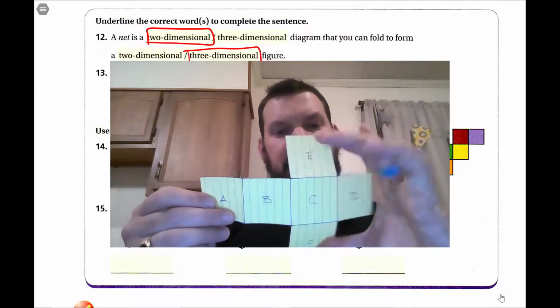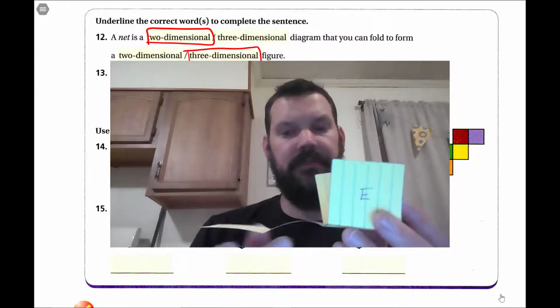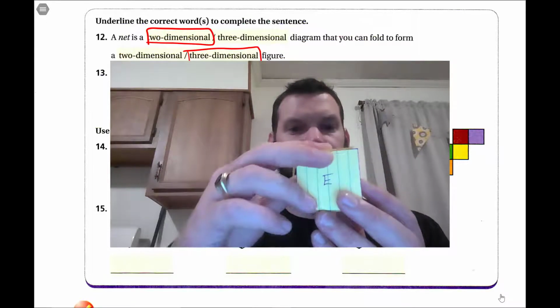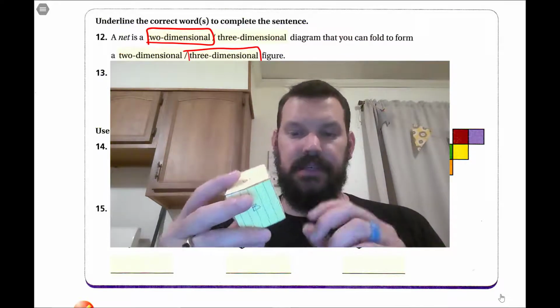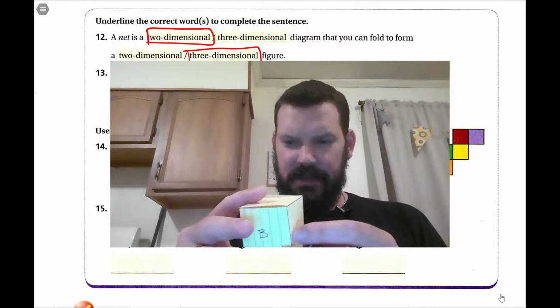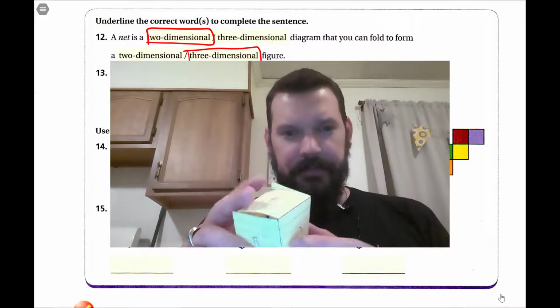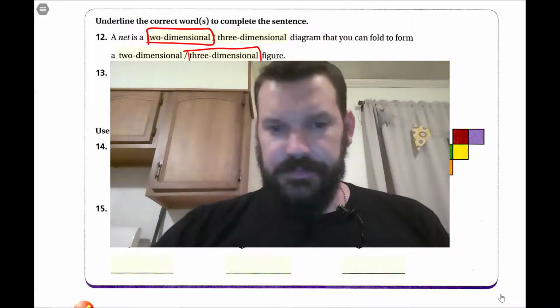If I fold these two sides up and this side up, and then I fold this double square up and then over, I have now created a cube, and I hope that you guys can see this. This is kind of hard to do with a video camera, but I'm doing my best. So that first figure will fold into a cube.